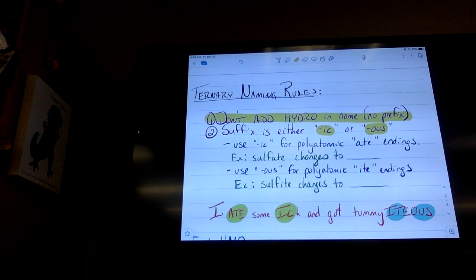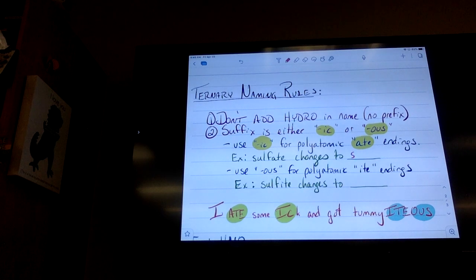All right. You are going to use ic for any polyatomic ending in ate. So if you're using sulfate, what is that going to change to? Sulfic, or anybody want to give me the other one?